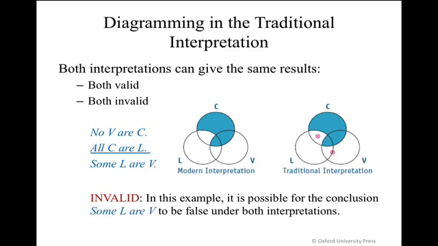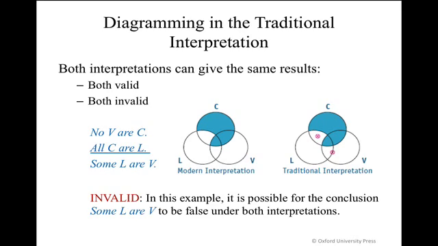And then notice that there is a circled X in the area of V outside of C, which is a standard traditional interpretation of the universal negative.